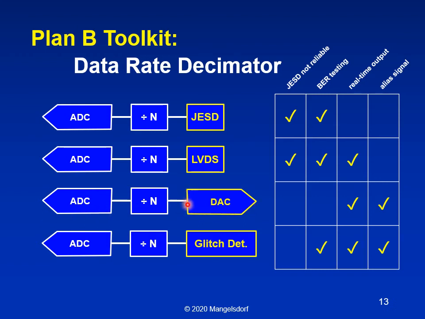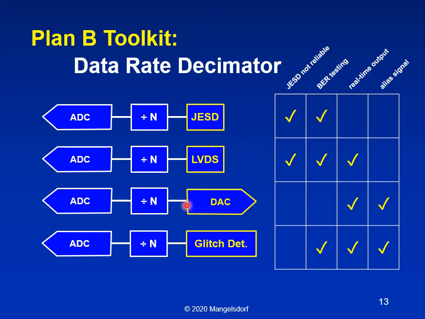It's much easier to create a slow, high-performance DAC than it is to create one that works at the same speed as your ADC. So decimating the data allows you to get a real-time output and diagnose the ADC without having to rely on the digital output if it's flaky or just not available.